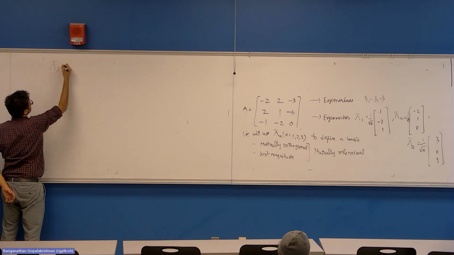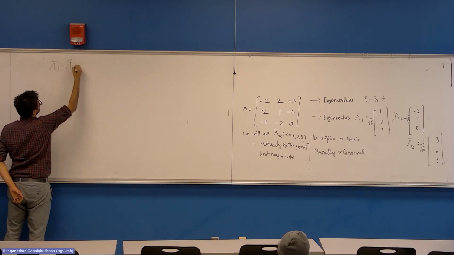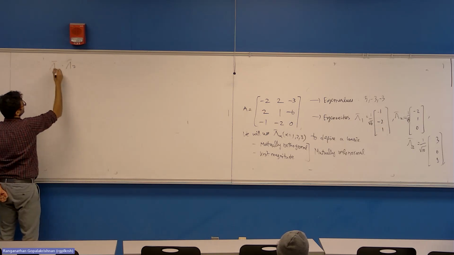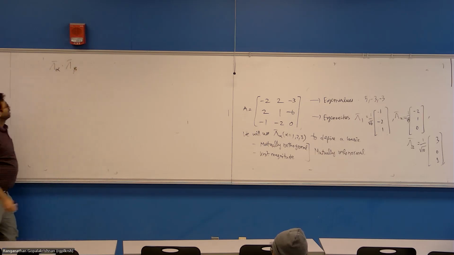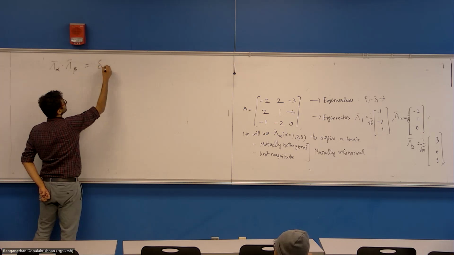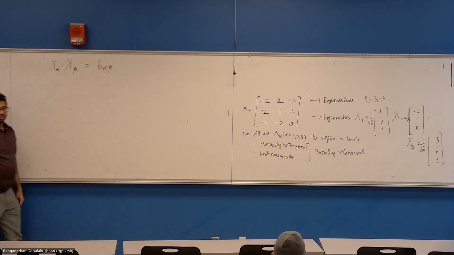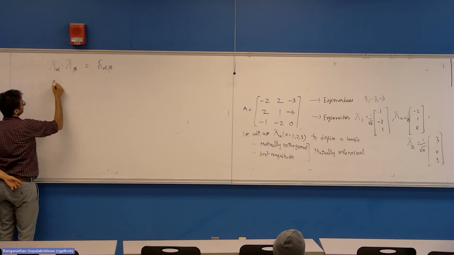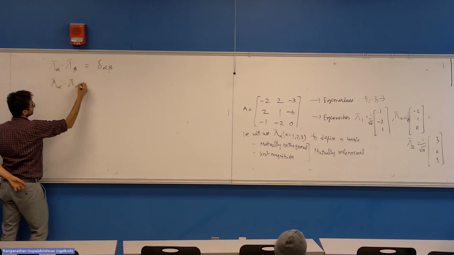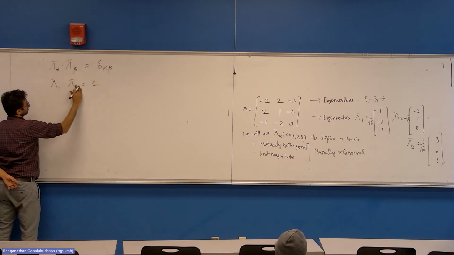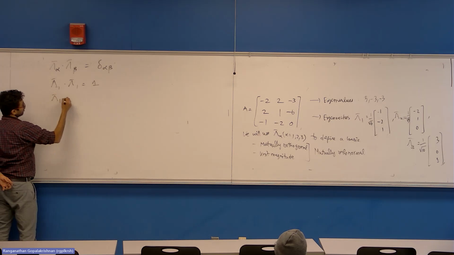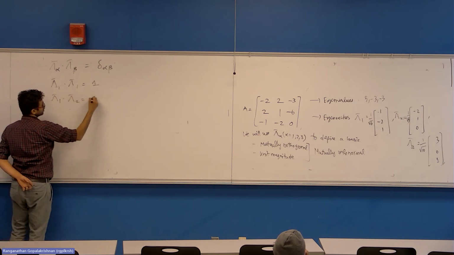You take gamma alpha dot gamma beta; this should be equal to delta alpha beta. That is, if you take gamma 1 dot gamma 1, you should get 1. If you take gamma 1 dot gamma 2, it should be 0.